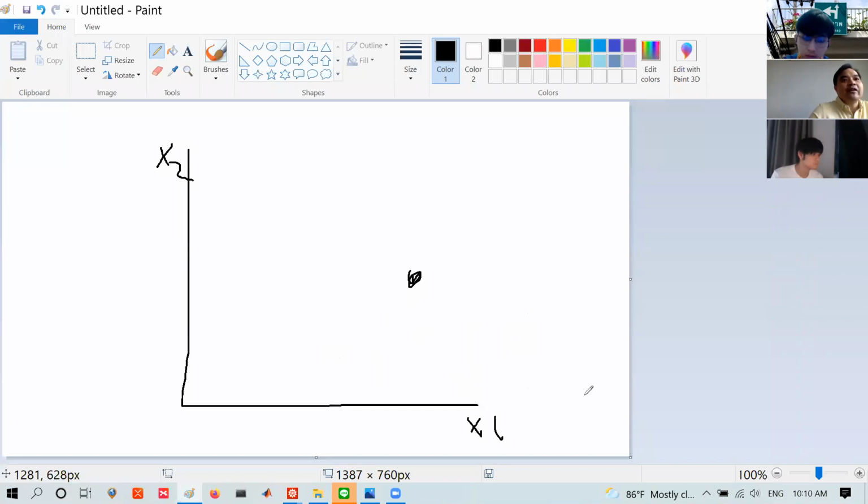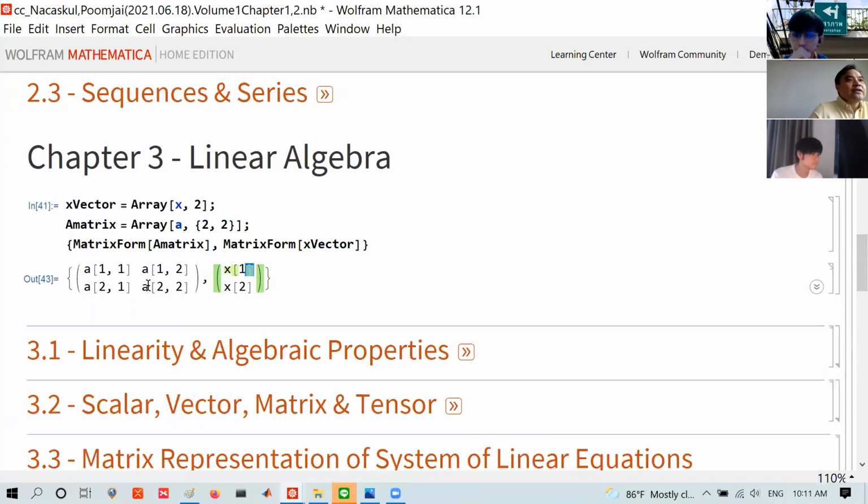Let's say it could be over here. Likewise, on the bottom row, you get another number, so that's another coordinate.